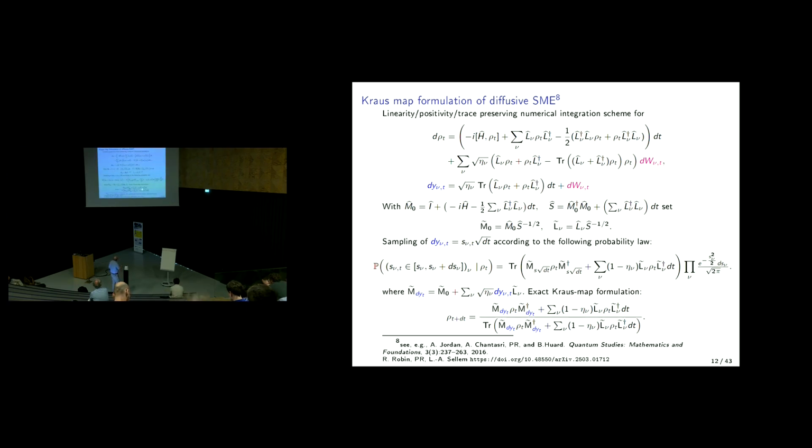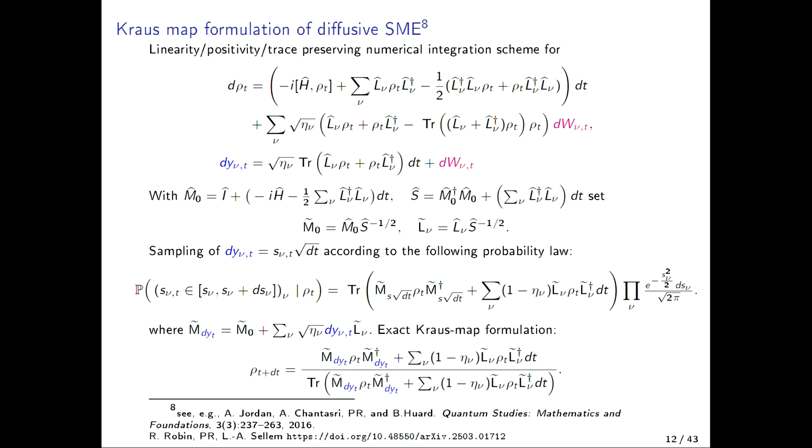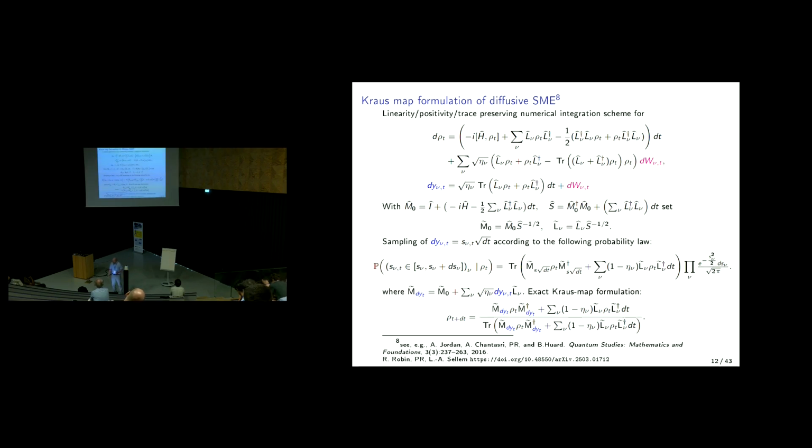It is like this, and here you have to normalize, and here instead of probability you have probability density. But it is exactly the same. This thing or this thing, it is exactly the same object, but written in another way. From this formula, you see that if rho is positive, it remains positive, and the trace of rho is always 1. So you are with a quantum state.